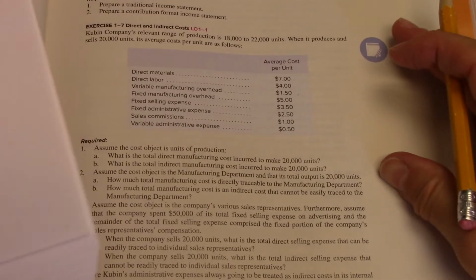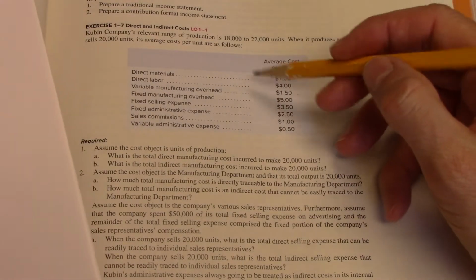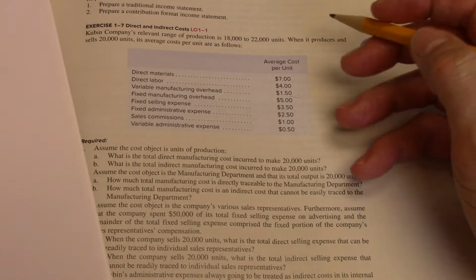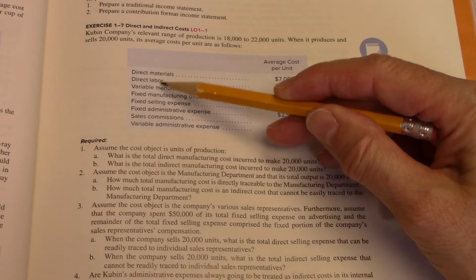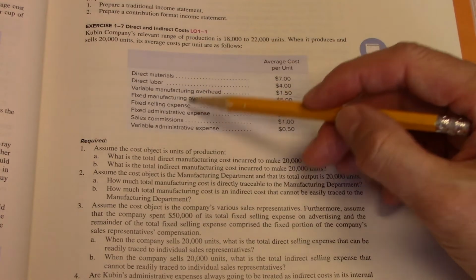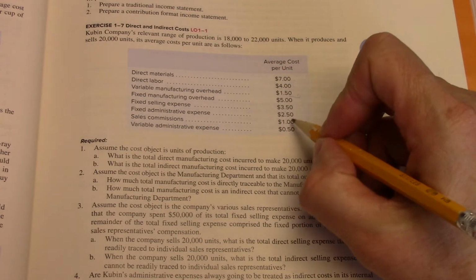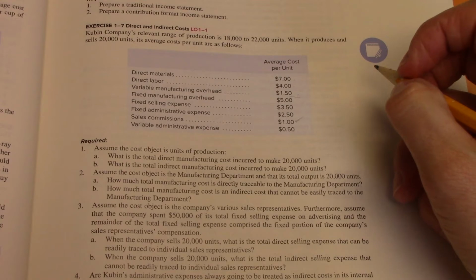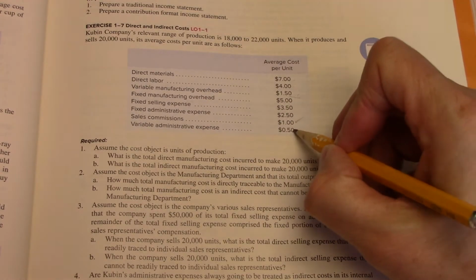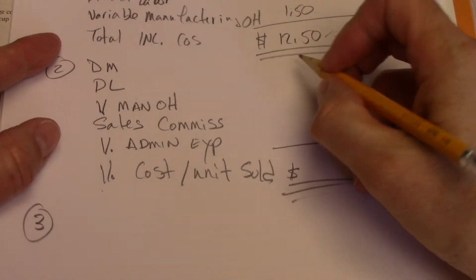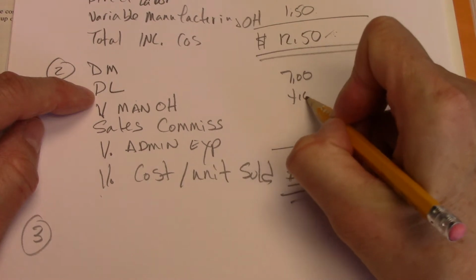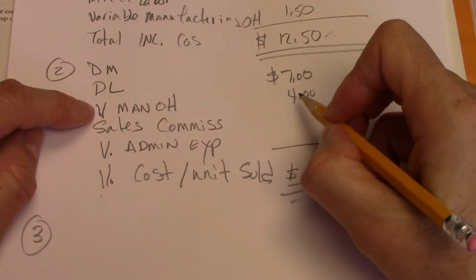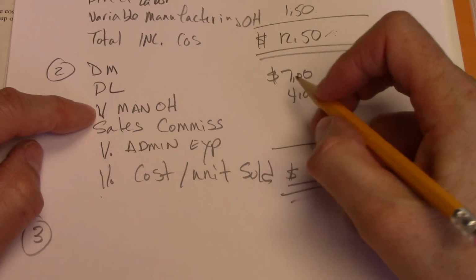So now I need to come back over here, and so I still need all my variable manufacturing costs. I don't need any fixed ones, so I'm going to skip this fixed overhead and fixed selling and fixed admin. But if I'm going to sell, I'm going to have to pay some sales commissions, and I'm going to have to pay the variable admin expense. So I have all my same direct materials, 7, direct labor, 4, variable manufacturing overhead is still $1.50.